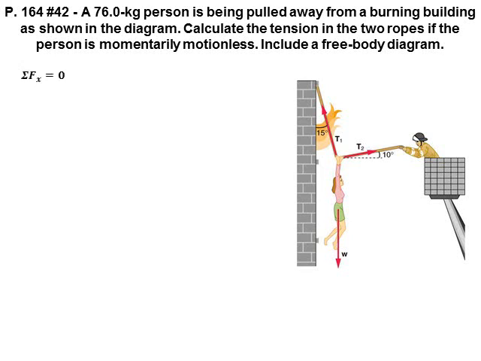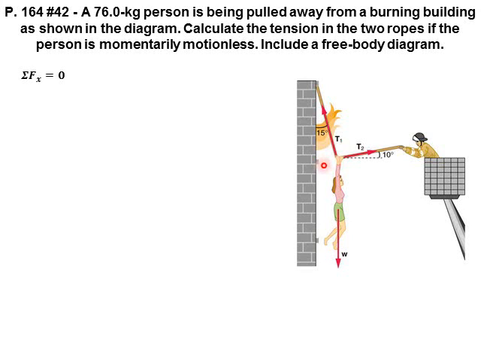So starting with a free body diagram, we have an upward force at an angle. This one is going to be 15 degrees away from the wall. This one's at 10 degrees, and then we have a downward force of her weight. In order to figure out the net force in the x direction, I have to take all of the components of the forces in the x direction. Notice that tension 1, its x component, is going to be opposite that 15 degrees.